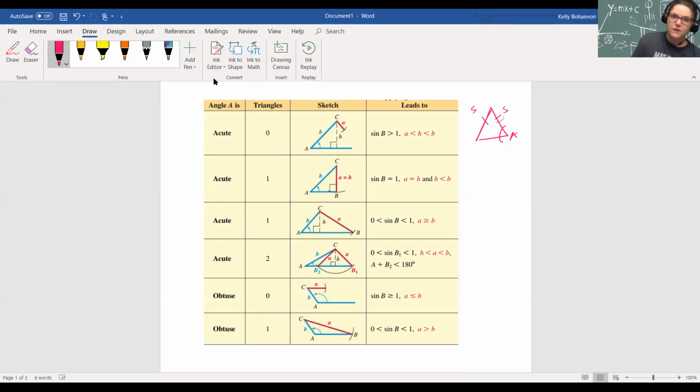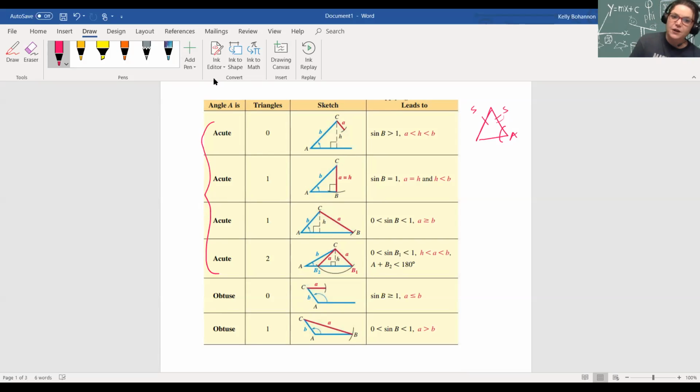If you set up law of sines and you determine that your triangle is acute, there are these possibilities. There really could be no triangles that work, just one triangle that works, or it's possible that you could have two resulting triangles and you need to make sure that you have them both. And I'll show you how that all works.